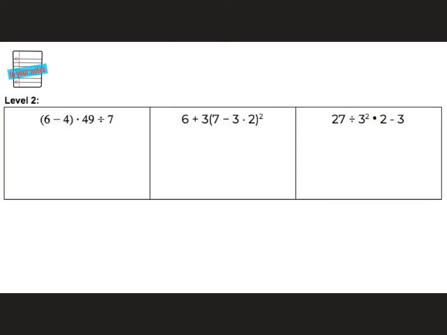Let's take a look at some level 2 examples. So again, we'll put GEMDAS at the top of our screen. So we're going to start here with our parentheses, our grouping. 6 minus 4 will give us 2. Now, again, we're done in our parentheses, so we can drop those parentheses, and here's what we're left with.